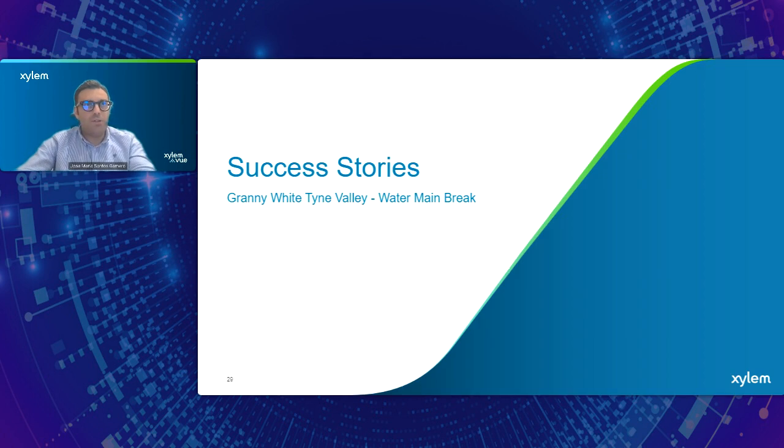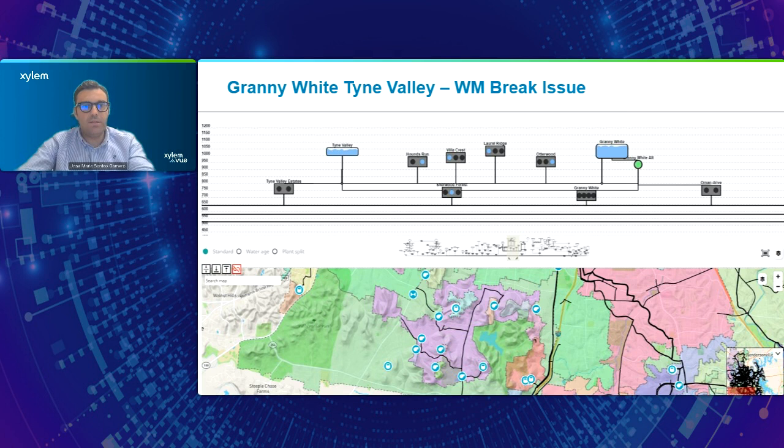Now we're going to jump into another case, Granite White Time Valley. In here, we can see that the Granite White Time Valley pressure zone is this purple zone in the middle.